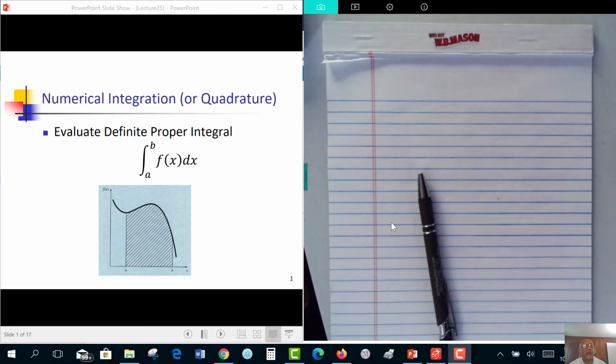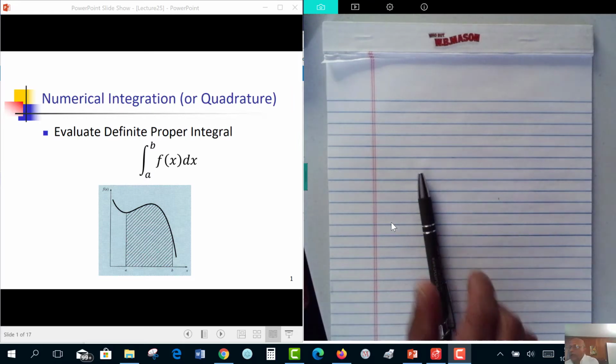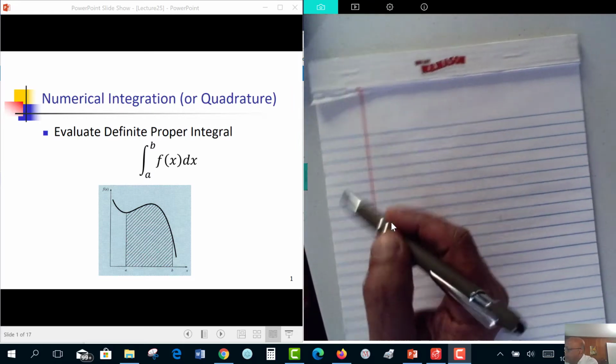Last week we started methods to evaluate a definite proper integral.